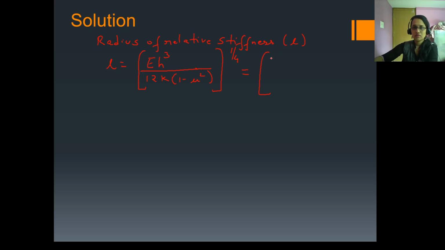Which is 3 into 10 raised to 5 into 18 cube upon 12 into 6, where K is 6, into 1 minus 0.15 square, all raised to 1 by 4.